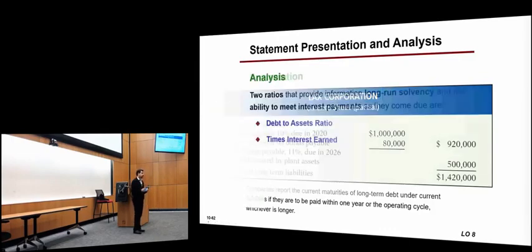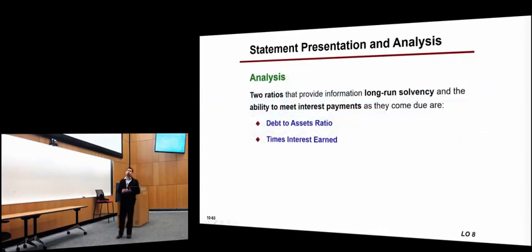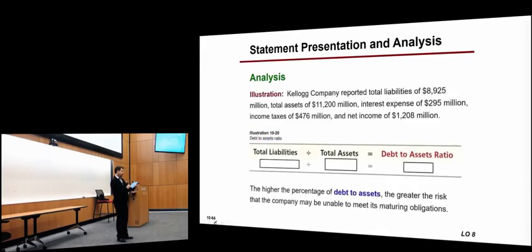There are two ratios that creditors and investors and basically users of information look at in order to analyze the company's performance. One of them is debt to asset ratio. Debt to asset ratio is simply looking at how much debt you have compared to whatever assets you have. This is where you divide total liabilities by total assets.